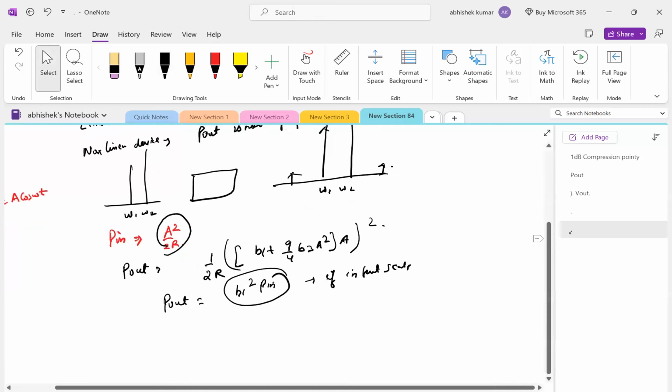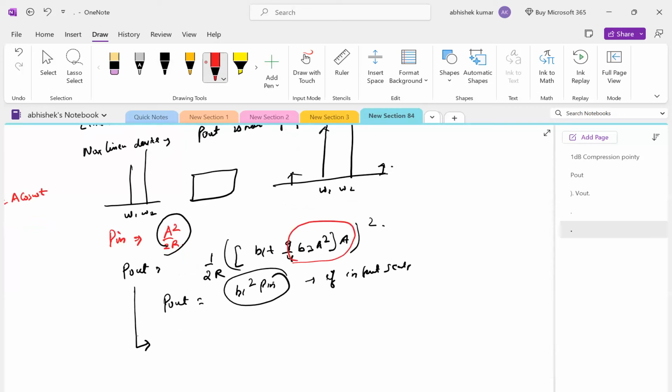You will get output as a third-order term. If you see the difference between when your input signal is small and when it is high, your output will be this much, that is 9 by 4 B3 square A cube P in.